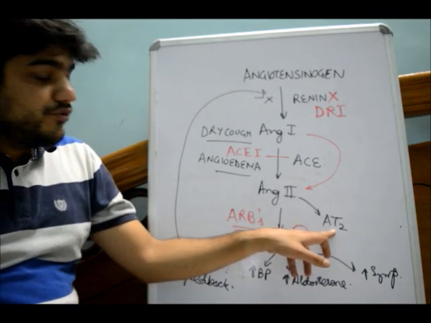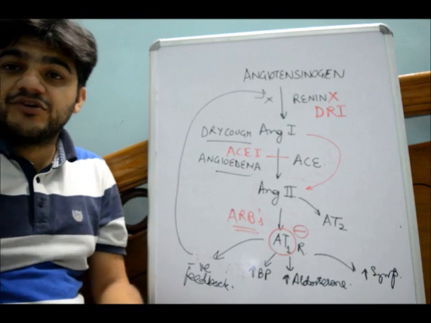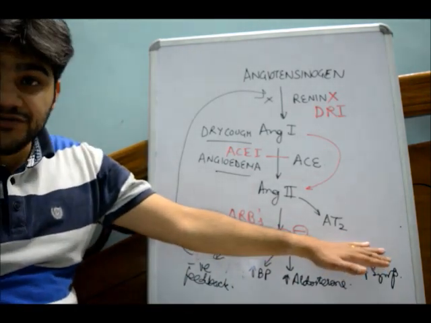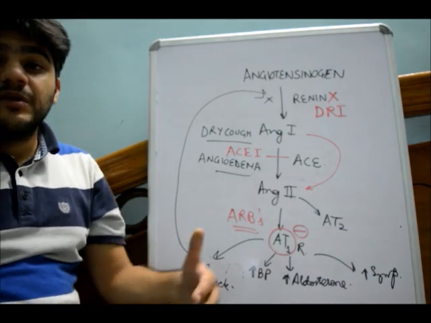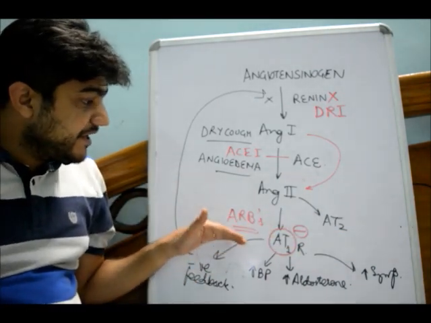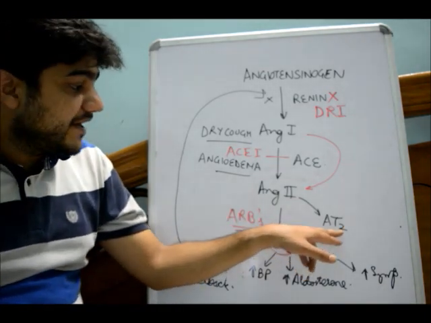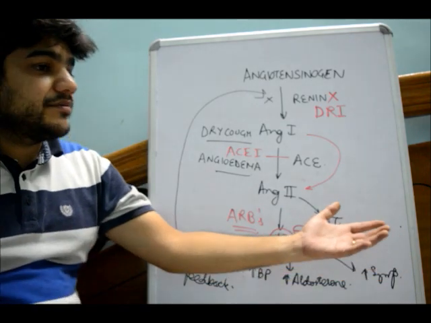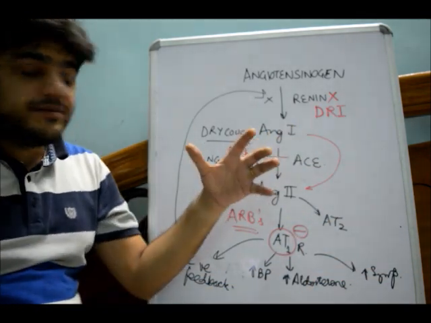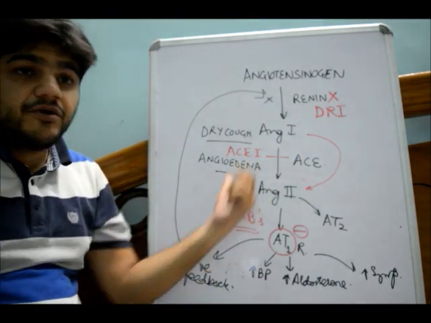This AT2 receptor has actions which are more or less opposite. It has antihypertensive effects, anti-proliferative effects, all those beneficial effects. So whenever you are giving ARBs, you are expecting more stimulation of AT2 receptors, and this leads to beneficial effects.